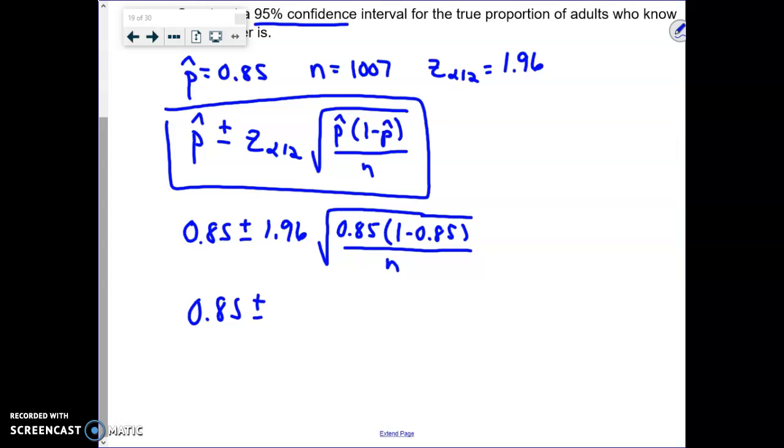From the calculator, you get this to be 0.011252, and it goes on and on, okay? Don't round that to 0.011 or else you're going to get some rounding error.